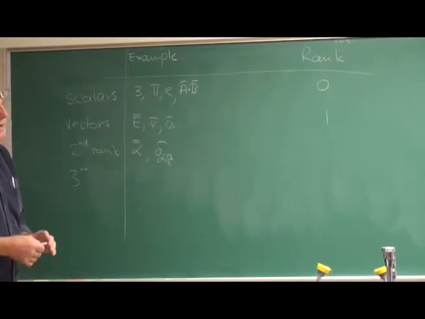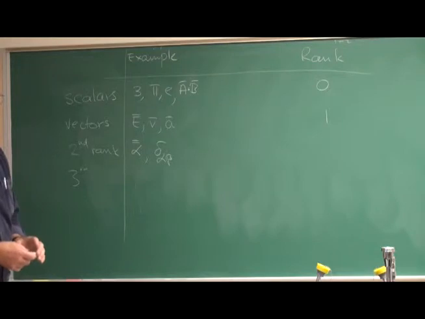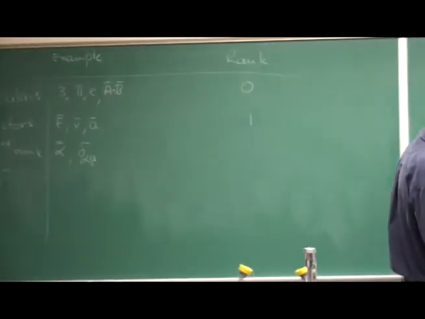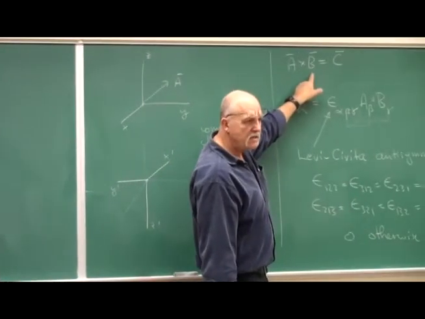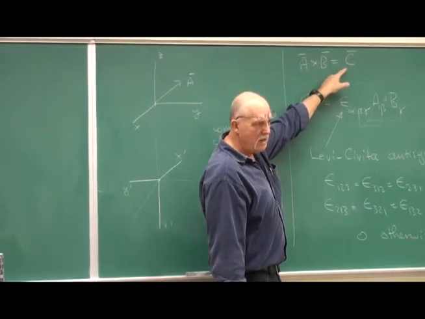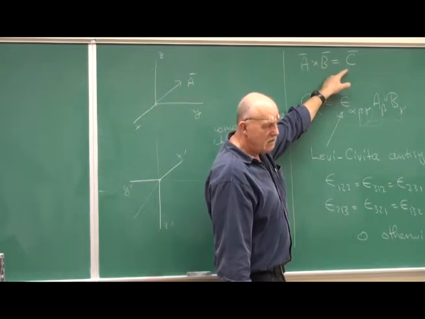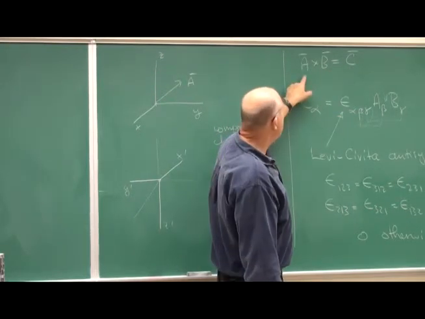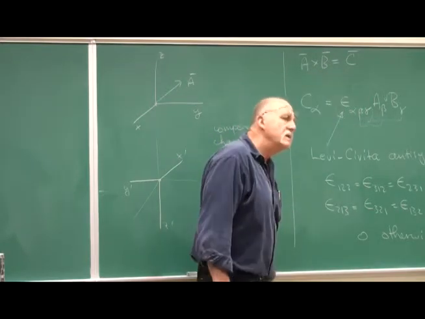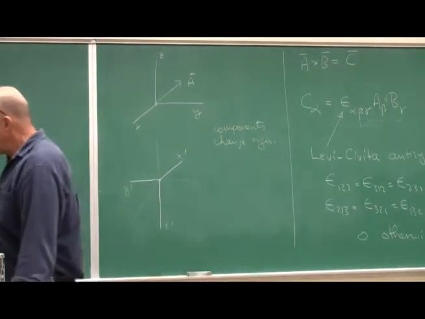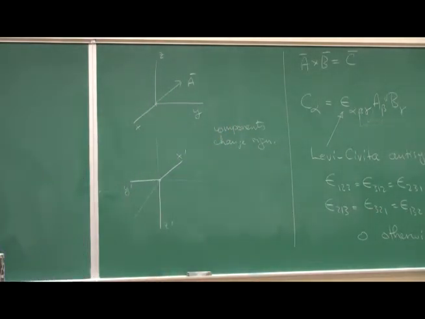But now what about a cross product? It's a vector. Well, but if this guy changes sign and that guy changes sign, this does not change sign. Why not? Because this changes sign and that changes sign and this one doesn't. So there are these peculiar vectors which don't behave like proper vectors.